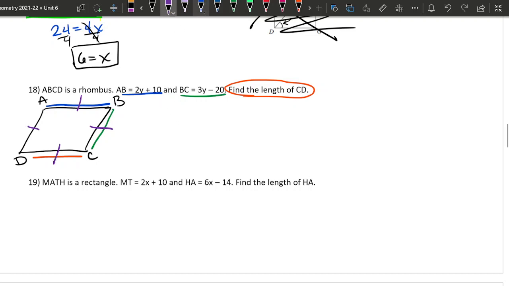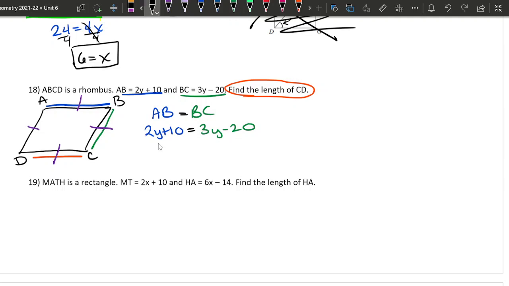So I could say that AB is equal to BC. And since I know that AB is 2y plus 10, and BC is 3y minus 20, I can solve for y, plug it back in, and whatever that is, it's the same as DC.